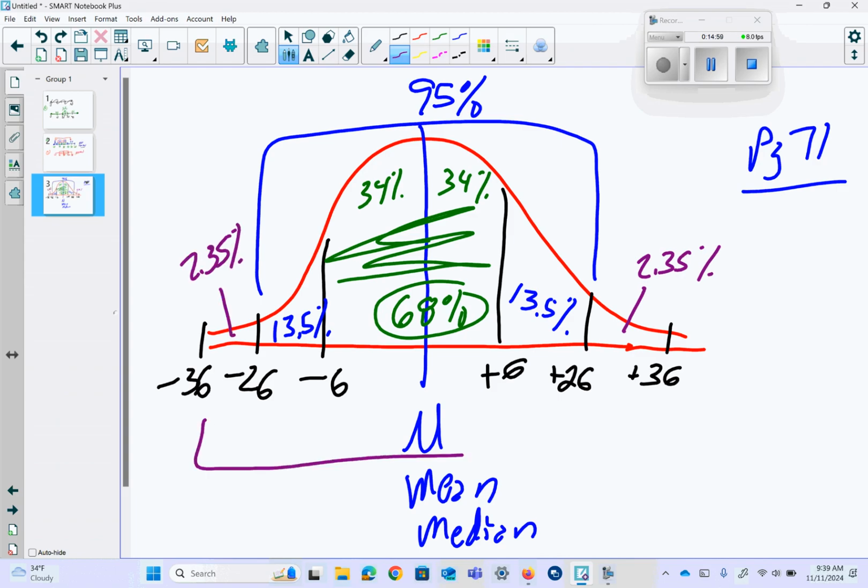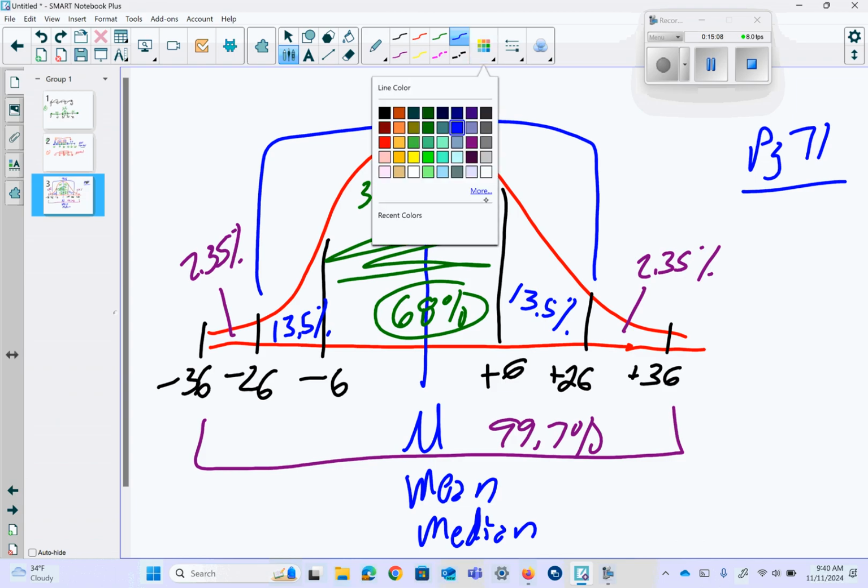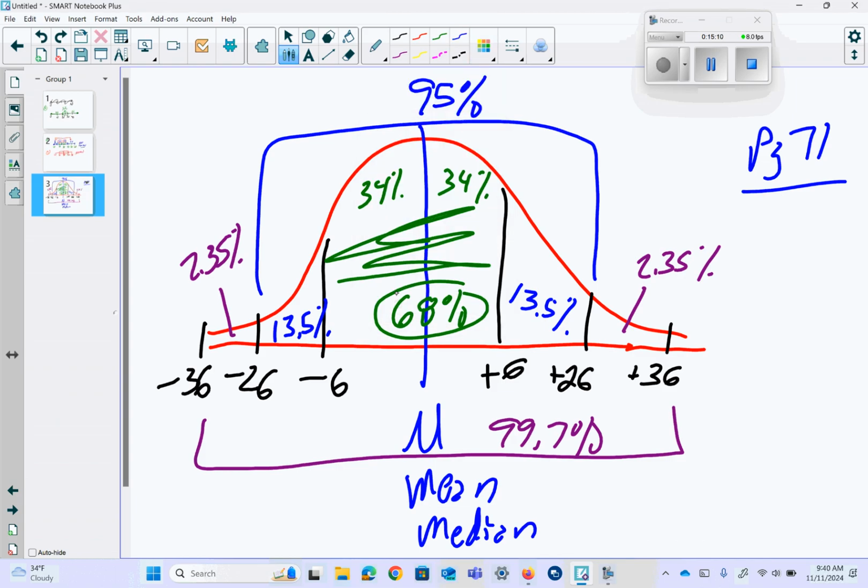So if I were to go out one further standard deviation, this gets us to about 99.7%. And then the last 0.15% of the area is way out here. So this is 0.15%, and over here is 0.15%, which is an extraordinarily small amount.